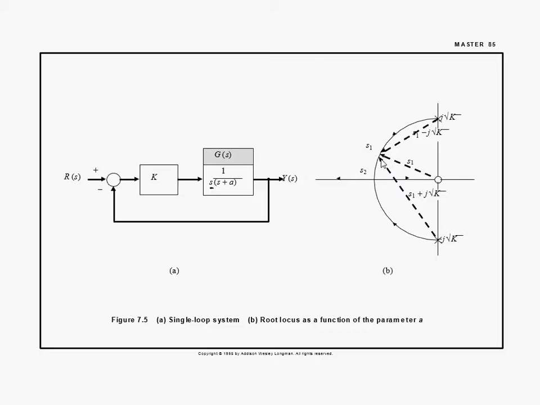And if you keep changing k, you are going to have this root locus here, the plot of all the roots. So you will have one at -a like this, and then you'll have one over here. Do you see what I'm trying to say?